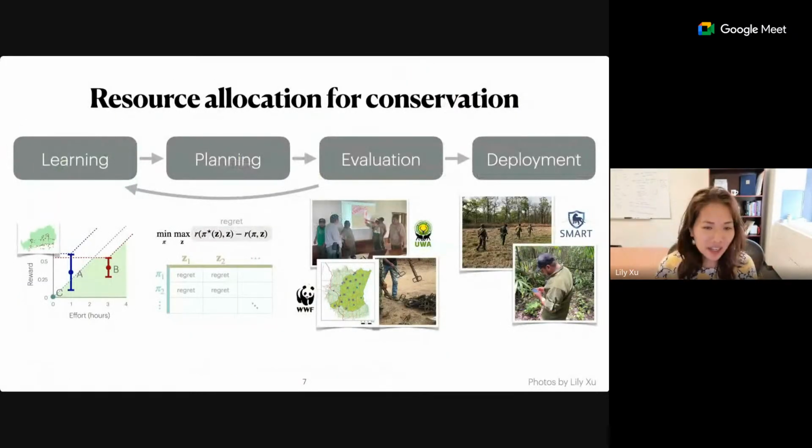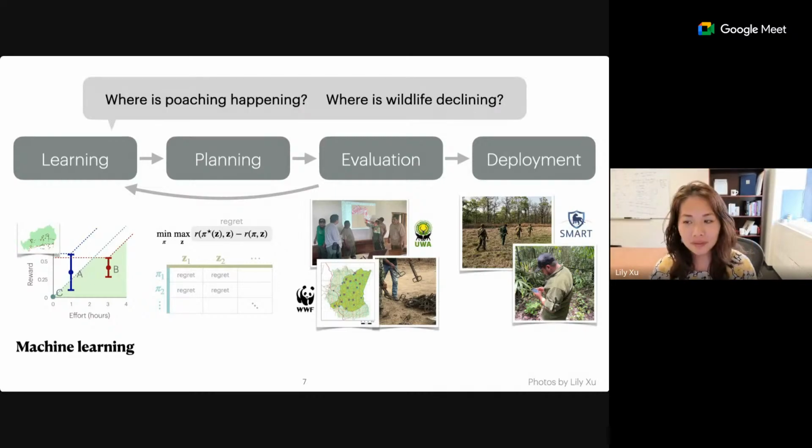Across the spectrum of work in resource allocation for conservation and other environmental challenges, there are many stages, and oftentimes this will come with learning. So machine learning to try to understand the state of the world: where are threats, where are things changing.